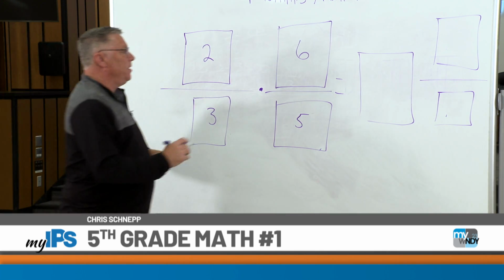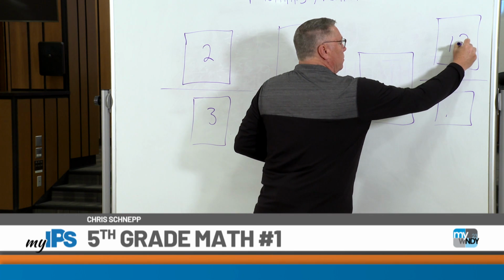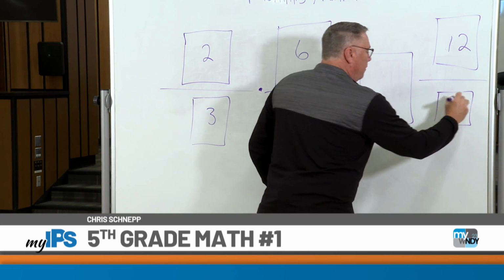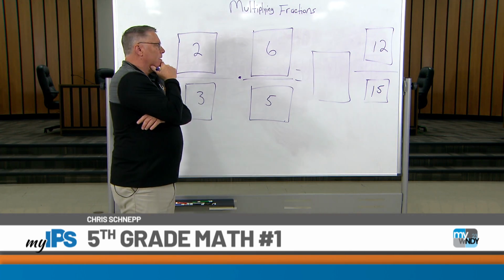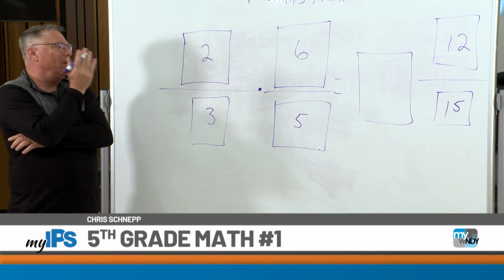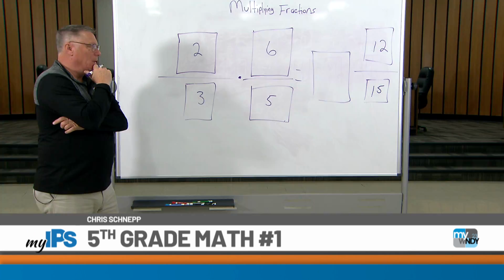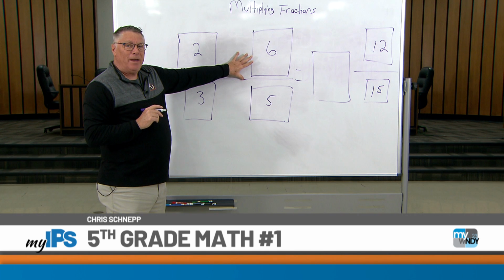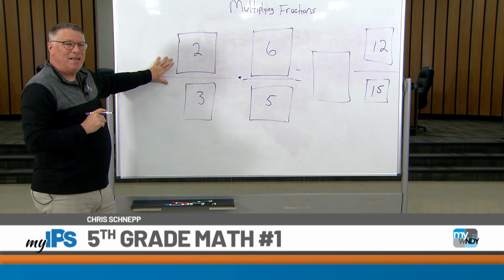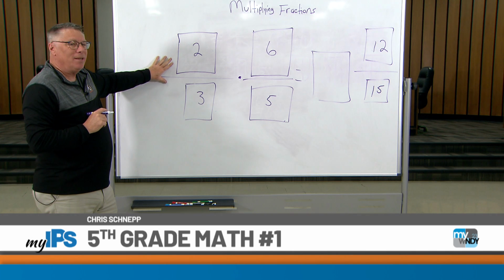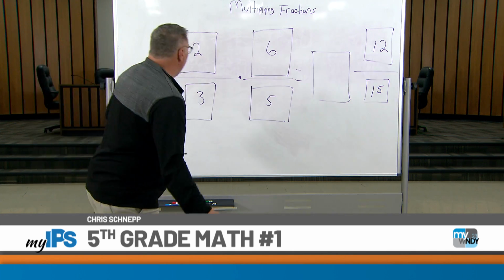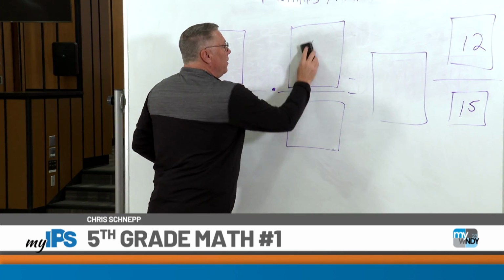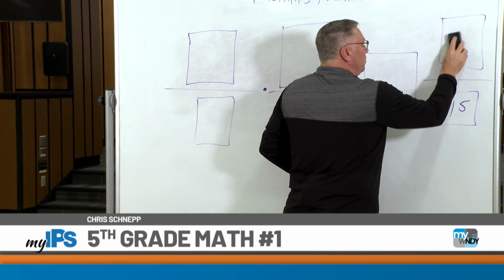So 2 times 6 is 12. 3 times 5 is 15. No, wait a second. We have a fraction larger than 1, though. How come our answer is not bigger than 1? What you have to remember is, even though we do have a fraction greater than 1 here, this one is less than 1. So our answer is still going to be less than 1, so that's not going to work either. So what do you think? What types of fractions do you think we're going to have to use to make this problem work?